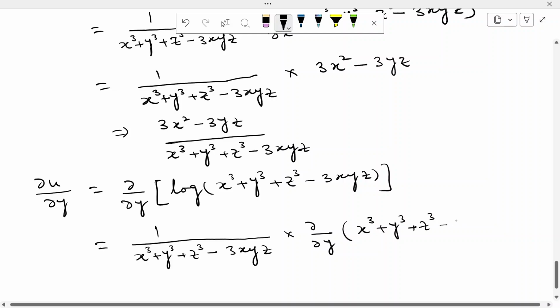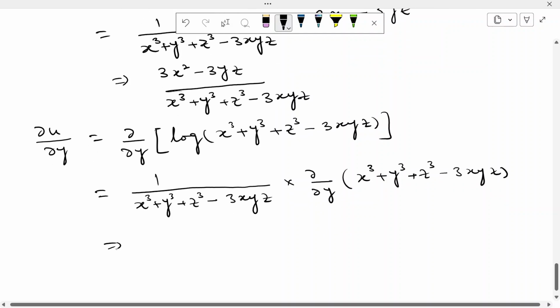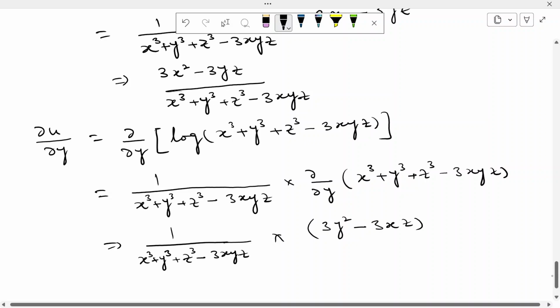As we did in the previous part, this will be 1 over x cube plus y cube plus z cube minus 3xyz, and the derivative of this expression with respect to y will be 3y square minus 3xz.